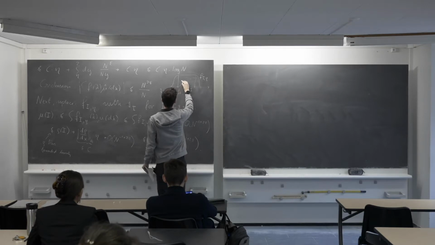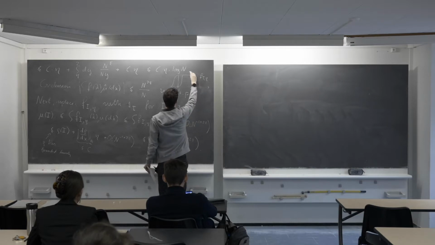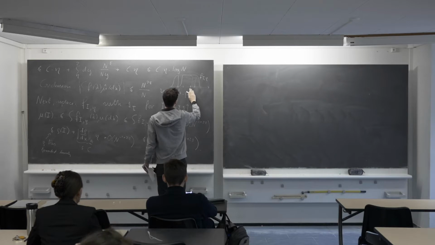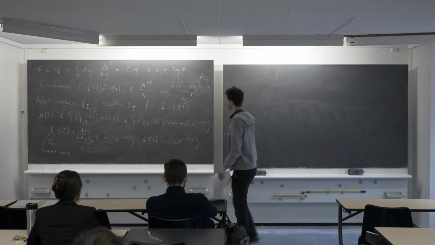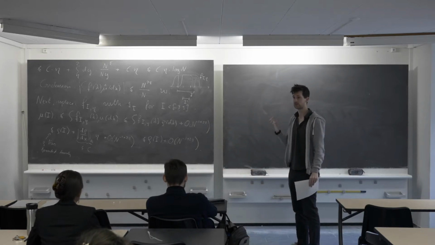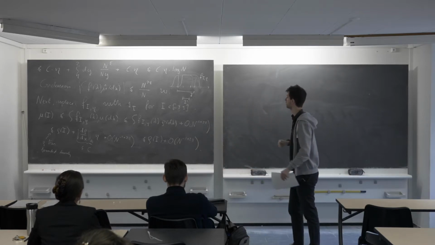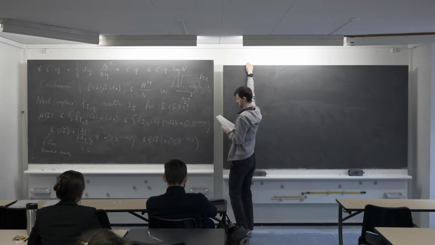We will take this indicator function. So this interval here is I. And this interval here is I prime, which is just I from which I've cut off pieces of size eta at both ends.